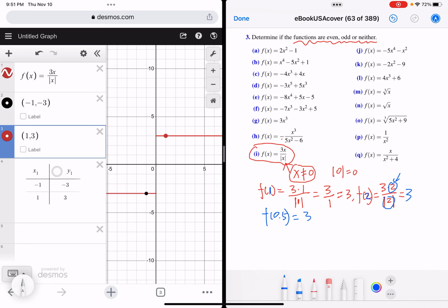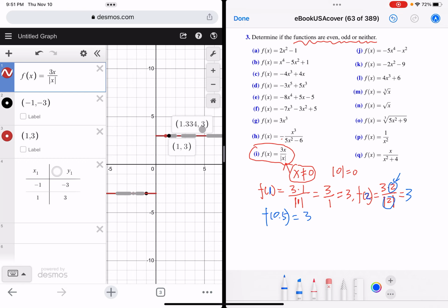So this basically says that on the right-hand side, it doesn't matter which positive value you plug in, you always get y is 3. So you see here is 1, 3. Here should be 2.043, right? You can keep doing this as many times as you want, okay?